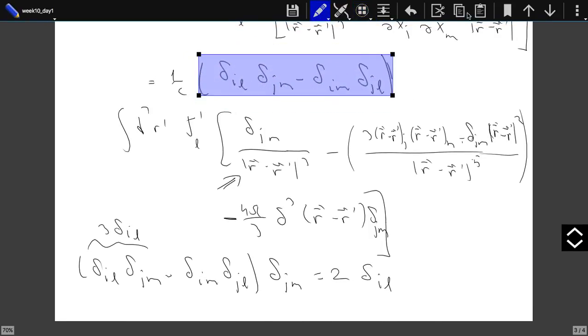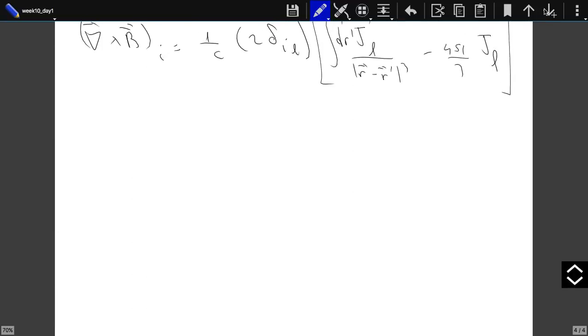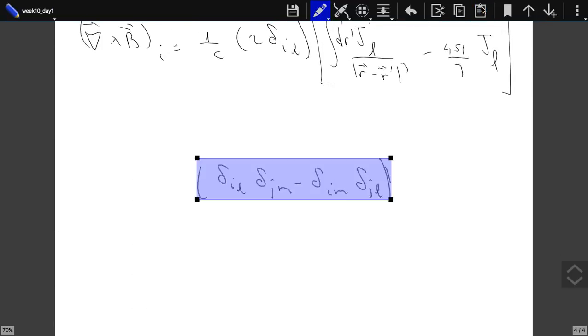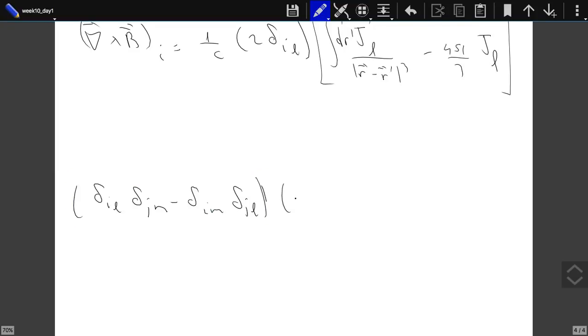Let me take this factor and multiply this with 3 xm xj minus Kronecker delta mj r squared. Then I will just substitute it back. This will be equal to Kronecker delta il and r squared; Kronecker delta jm multiplied with xm xj just gives me r squared.